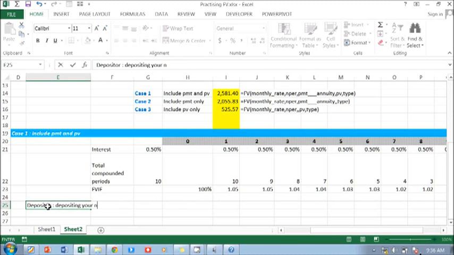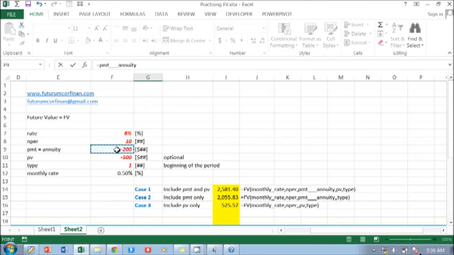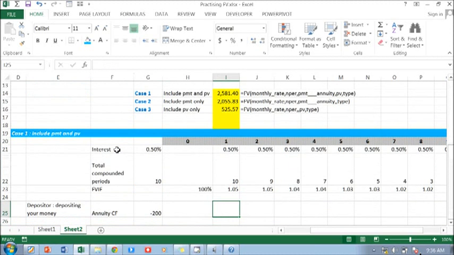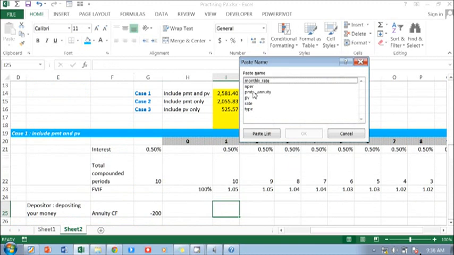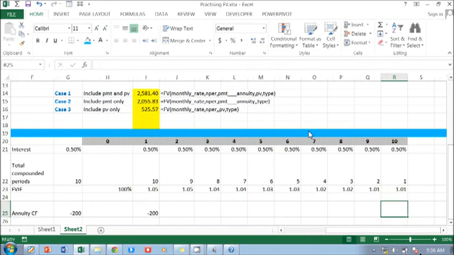Because it's minus. Okay, and then you have 200 here. Basically, you can use F3 if you want, because this is the same PMT annuity, and then you just copy it to the right.